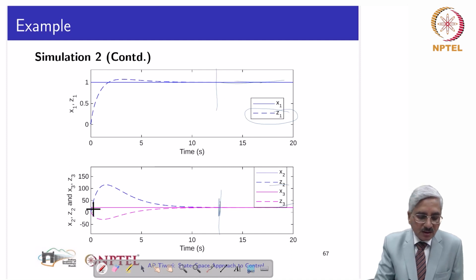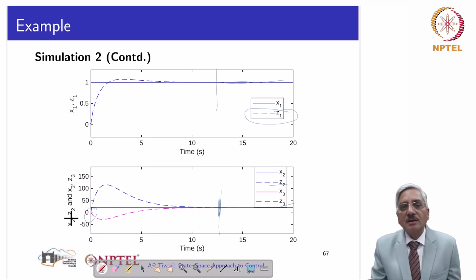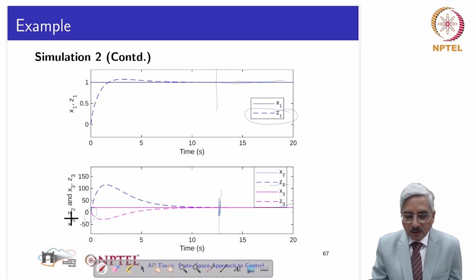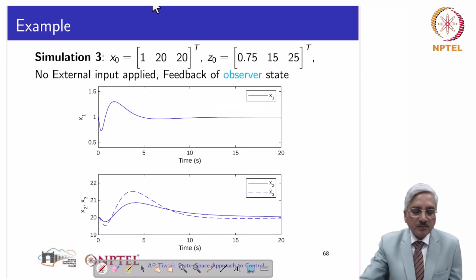So it's not the initial deviation that matters, it's the observer design that matters. Where the observer poles were put characterizes how much time it will take for the observer state to become asymptotic to the actual state, or in other words, the estimation error to become asymptotically 0.